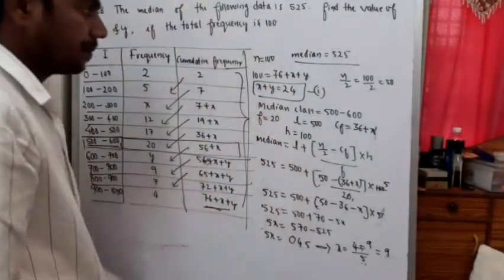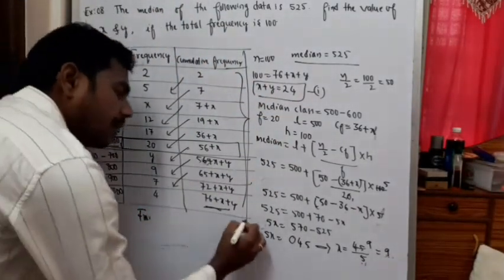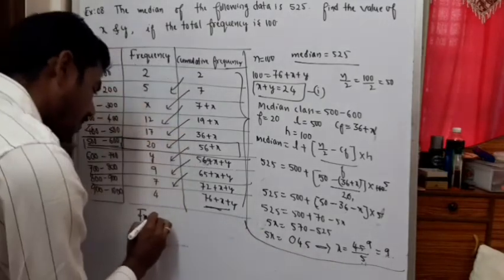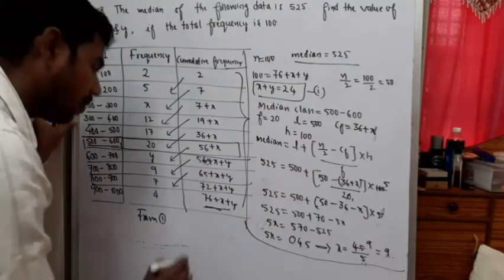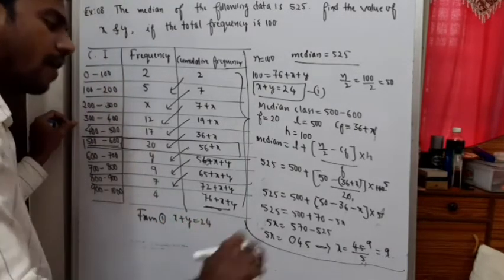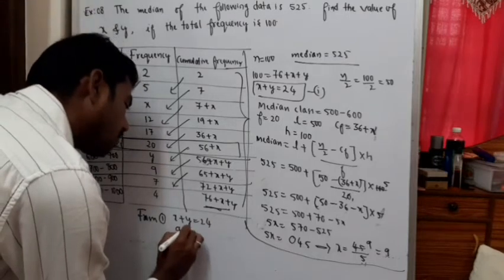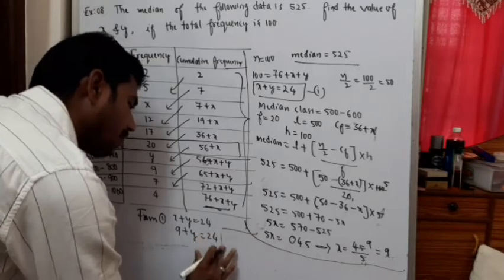But from equation 1, what we have, I will continue here. From 1 what we have, x plus y is equal to 24. We know the value of x, that is 9, plus y is equal to 24.